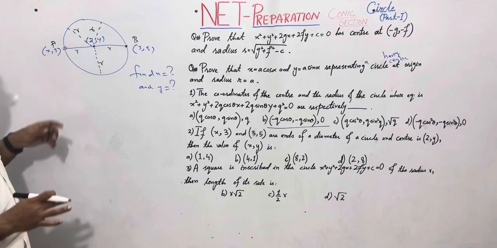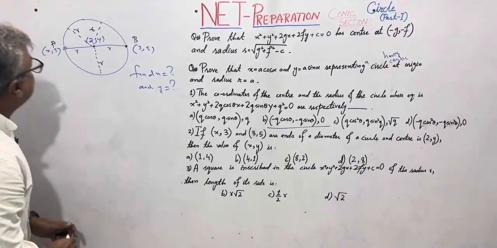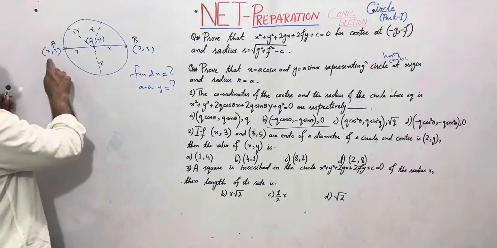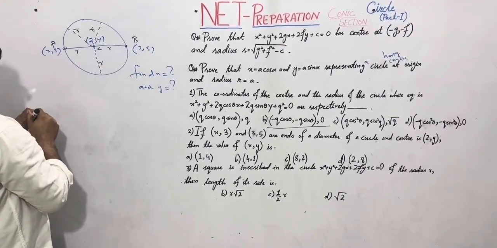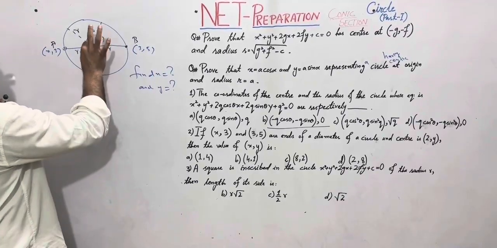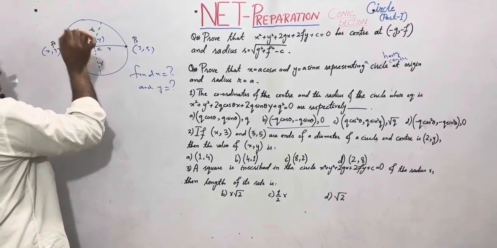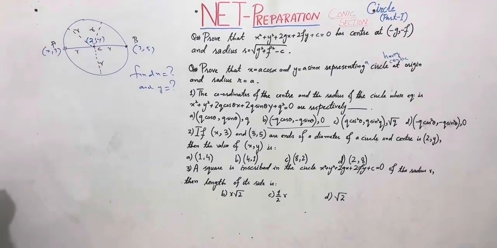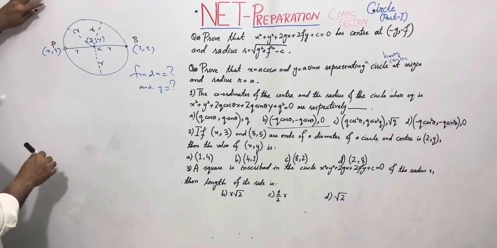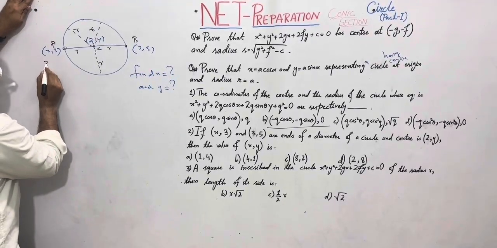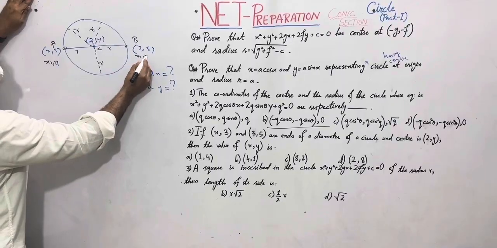The center lies at the midpoint of both A and B. Say the center C is at the midpoint of AB. Exactly the midpoint of AB is our center. Applying the midpoint formula, this is our (x1, y1) and these are (x2, y2).